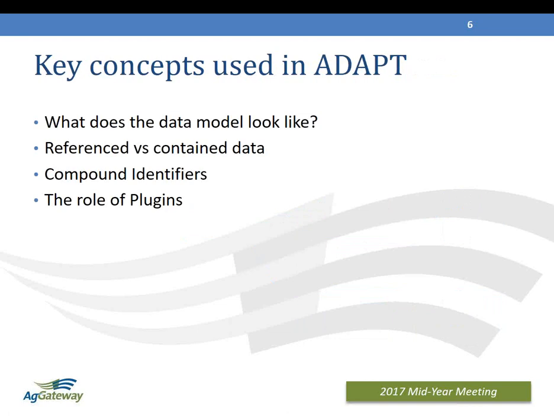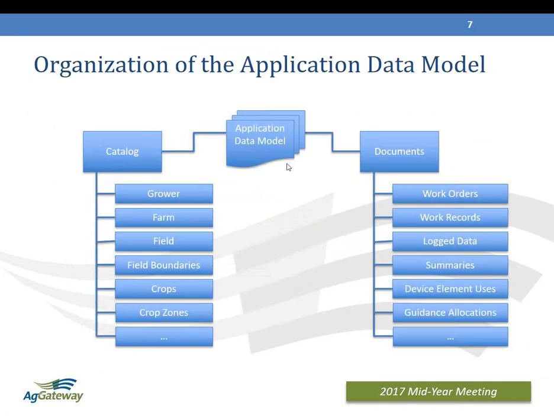Let's take a look at some key concepts that are used within ADAPT. First of all, what does this data model look like? And then talk about how some of the specifics of that data actually work. So if we're looking at the application data model to start, you'll notice that it's really divided into two separate categories. One is called a catalog.